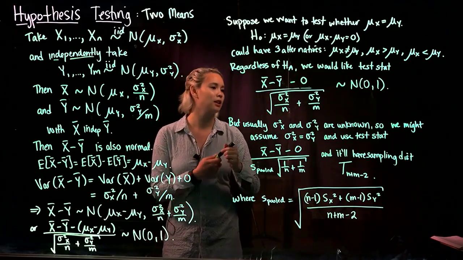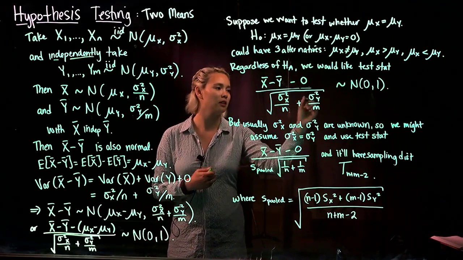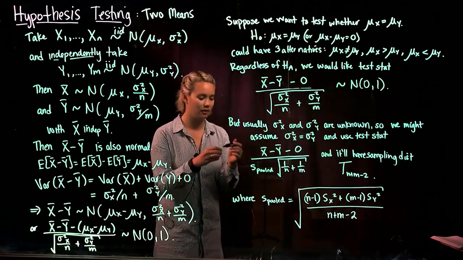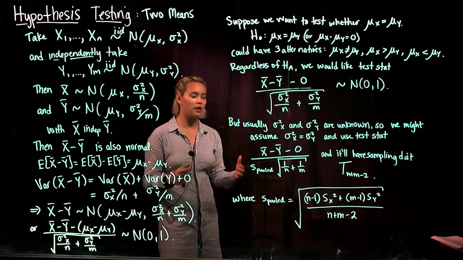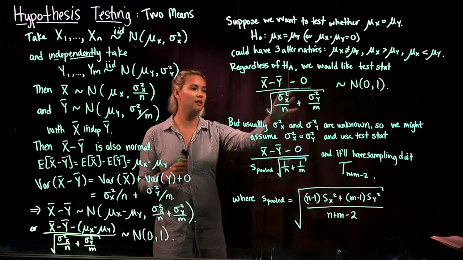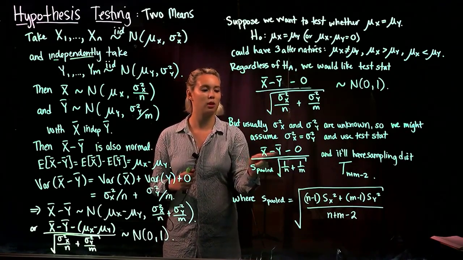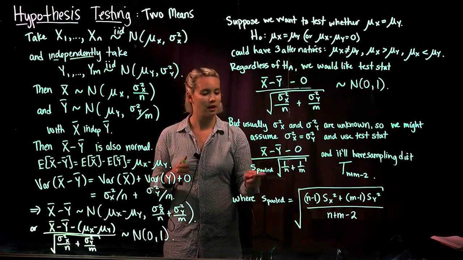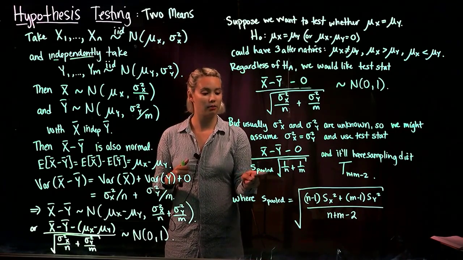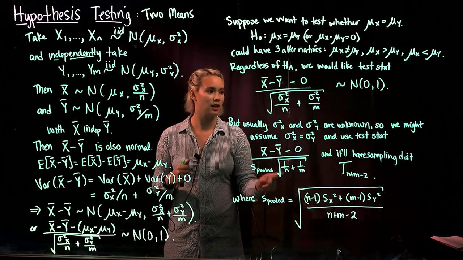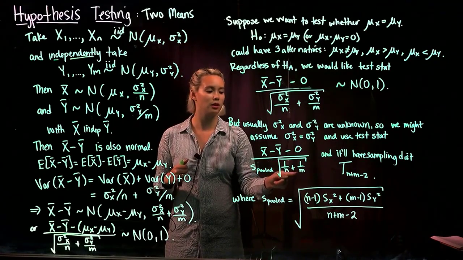All right, so we have our pooled sample standard deviation, and we're going to use that in place of sigma squared x here and sigma squared y here. So if we plug in our pooled sample standard deviation, then we can recalculate this to be just x bar minus y bar minus 0 divided by the pooled sample standard deviation times the root of 1 over n plus 1 over m.